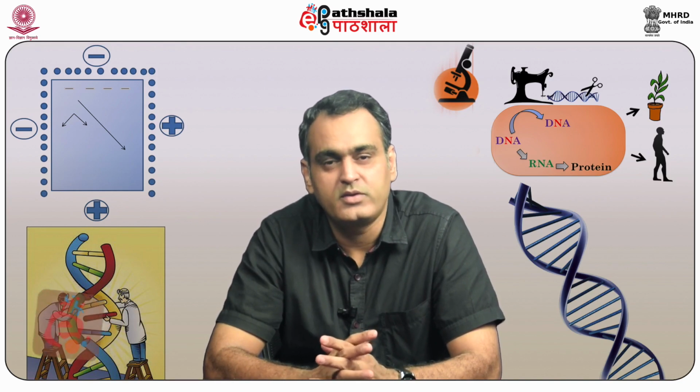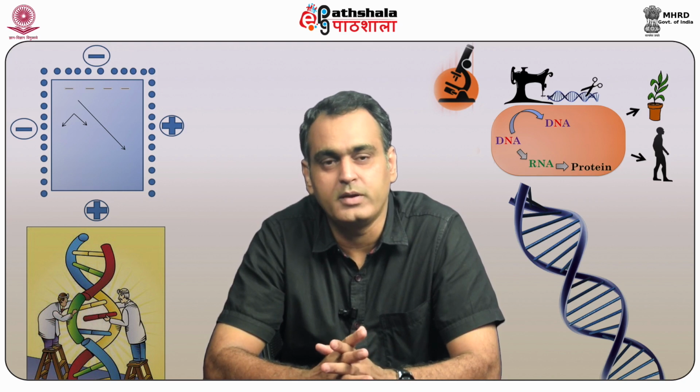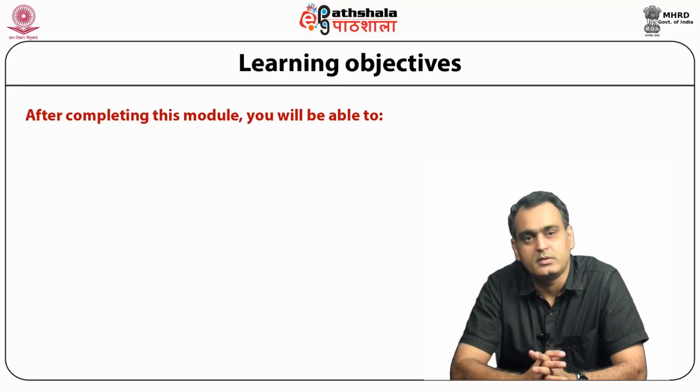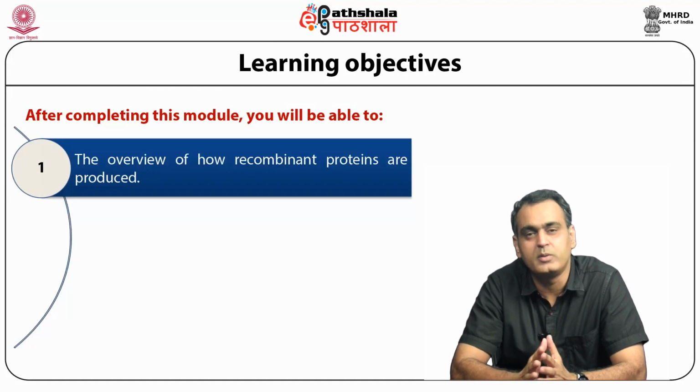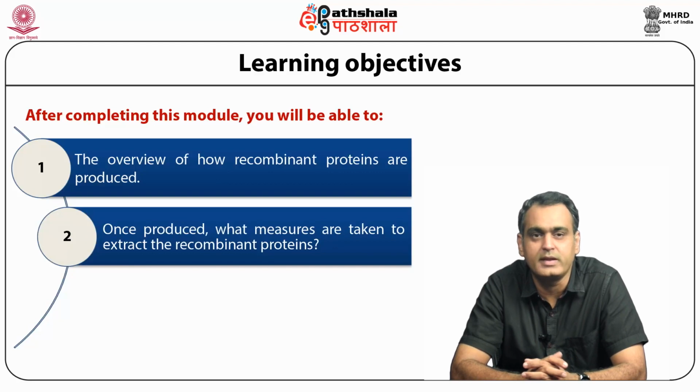Today we are going to talk on the module collection and purification process of recombinant proteins under the paper Animal Cell Biotechnology. Regarding the learning objectives, in this presentation I would discuss the overview of how recombinant proteins are produced, and once produced, what measures are taken to extract the recombinant proteins.